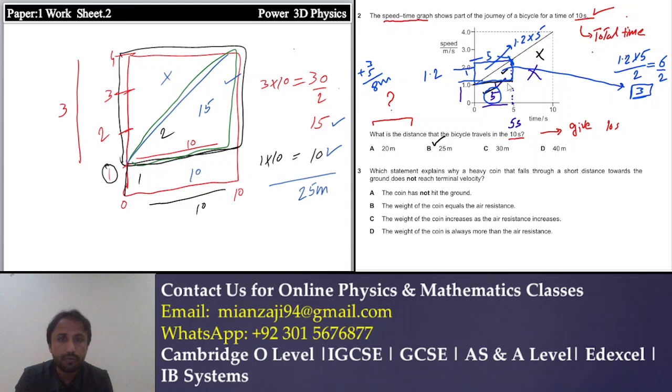We will divide the overall shape into two parts. One is a rectangle and second is a triangle. We will find the area of the rectangle by length multiplied by width, and to find the area of this triangle we will find the overall area of this rectangle. This comes to 6 and then we will half the area.